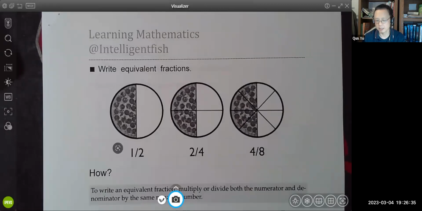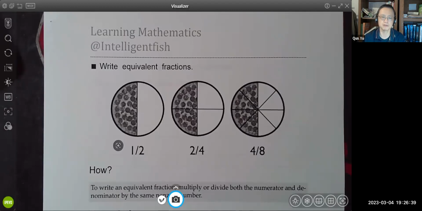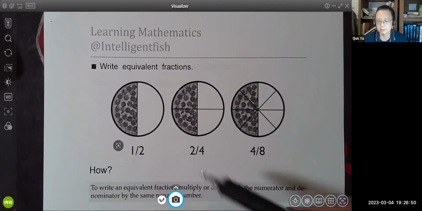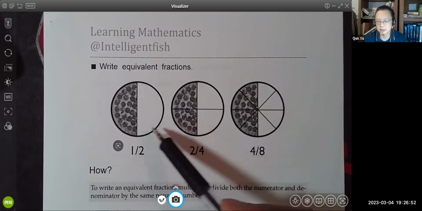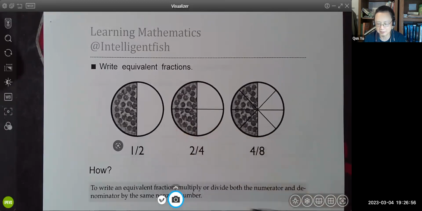Write equivalent fractions. What are equivalent fractions? Equivalent fractions have the same value, but they have different numbers in the numerator and denominator. Pretty much like what's illustrated here using pizza, right?